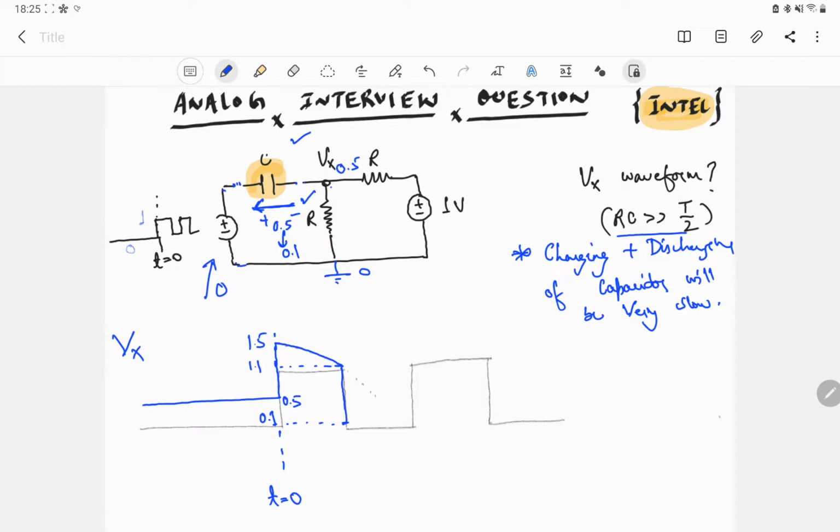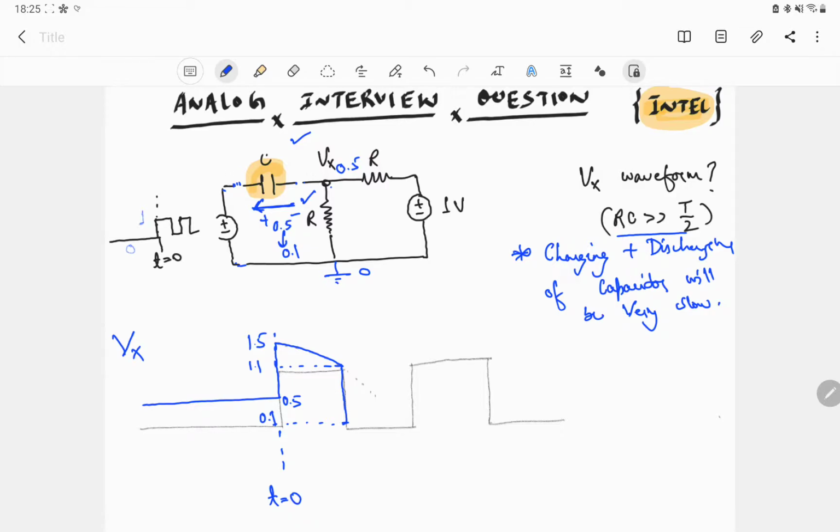But now the circuit situation has changed. So we have to calculate the open circuit voltage across the capacitor. Let's calculate it first. If you open circuit the capacitor, then 0.5 volt is there and 0 is the voltage over there.